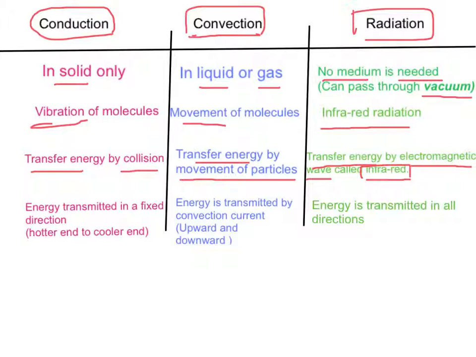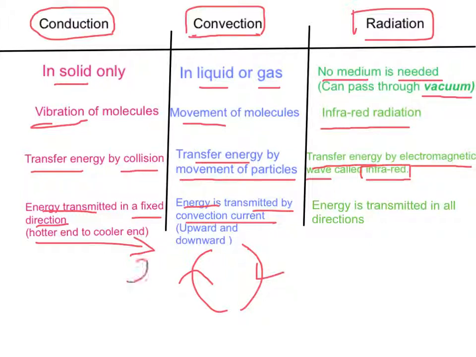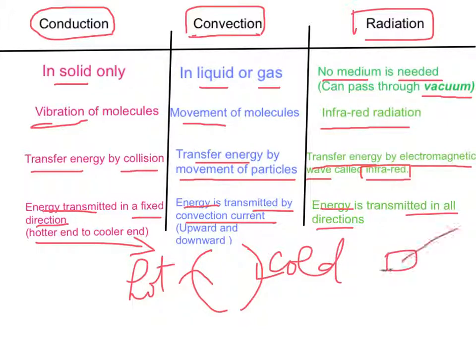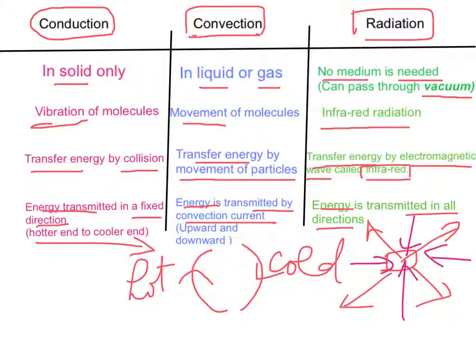For conduction, energy transmits in a fixed direction from the hot end to the cool end. For convection, energy is transmitted by convection current, usually upward and then downward, the hot liquid or air moving upward and the cold air or liquid moving downward. For radiation, energy is transmitted in all directions. Energy is absorbed by the body from all directions.